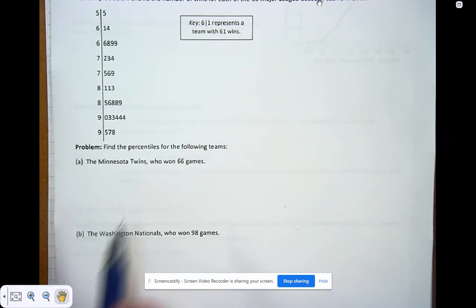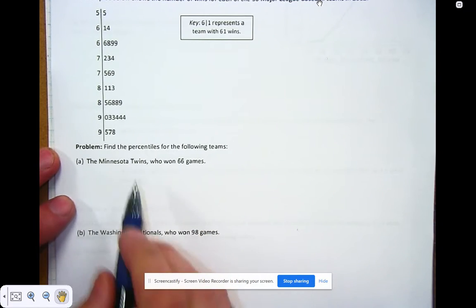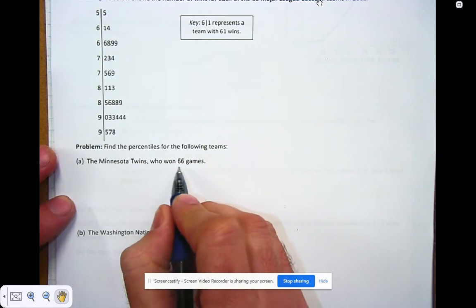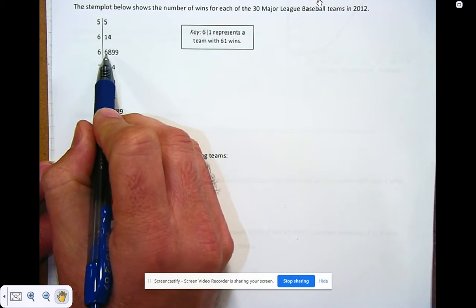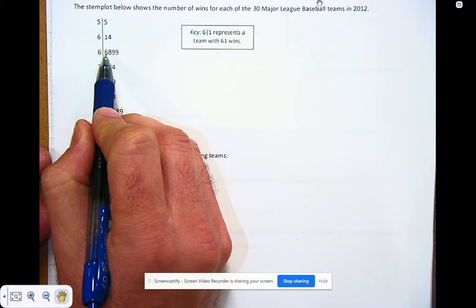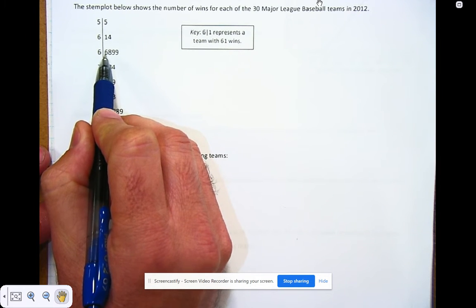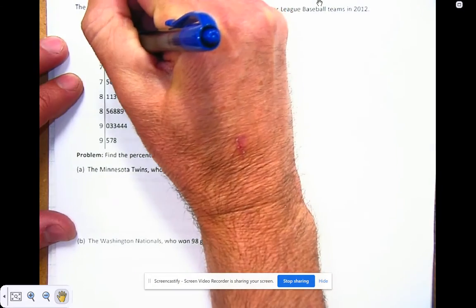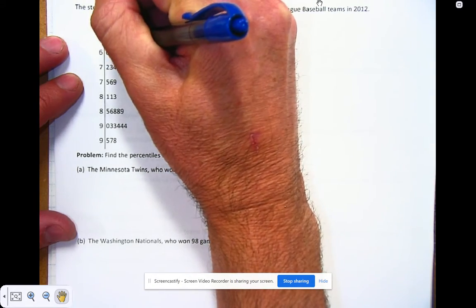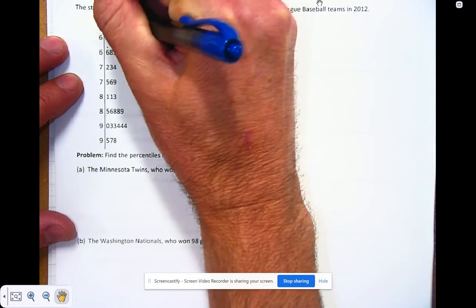We are going to find the percentile for two teams. So let's do the Minnesota Twins first, who won 66 games. Okay. So we're going to come up here to 66, which is right there. And to find the percentile, we want to know how many values are at that value or below it. And so if you start counting with the dot, like that's one value because we're there. 1, 2, 3, 4.